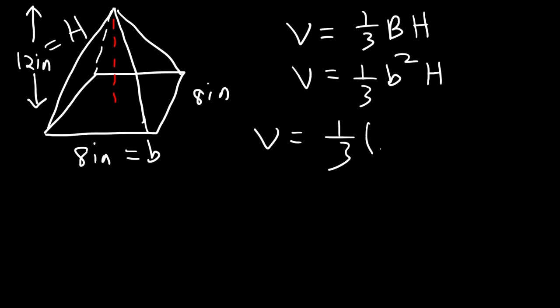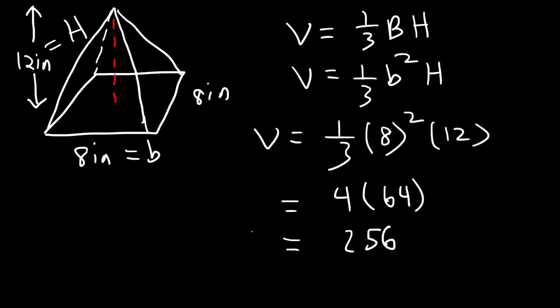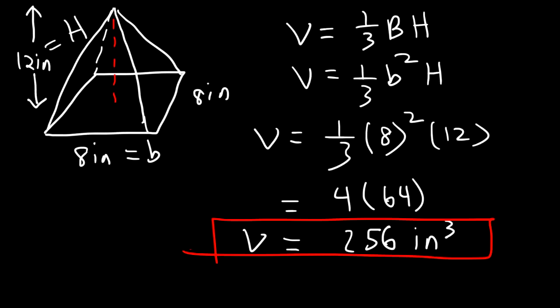So it's 1/3 multiplied by 8 squared times 12. 1/3 of 12, or 12 divided by 3, that's 4. And 8 squared is 64. 4 times 64 is 256. So the volume is 256 cubic inches. And so that's the answer for this example.